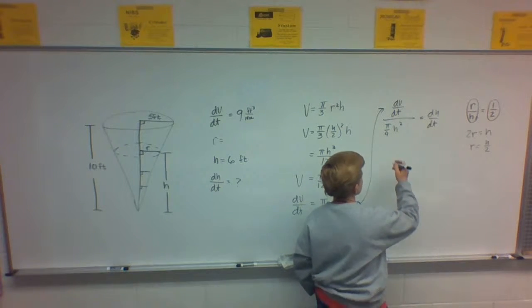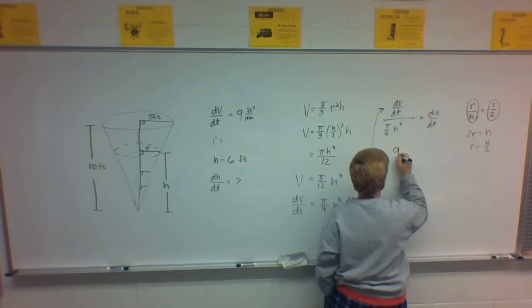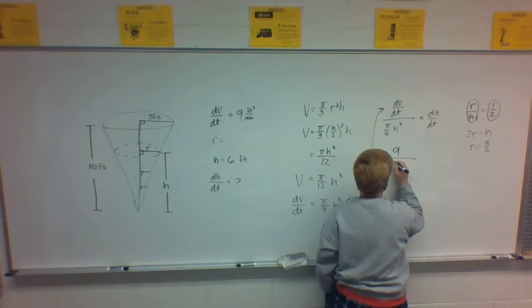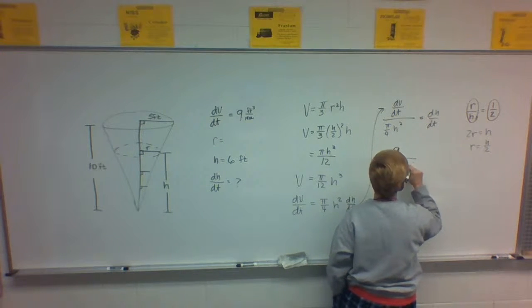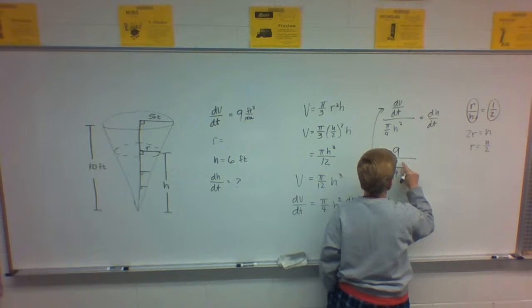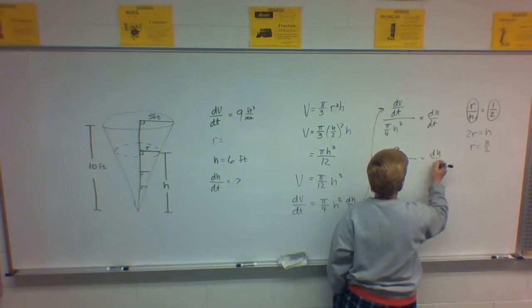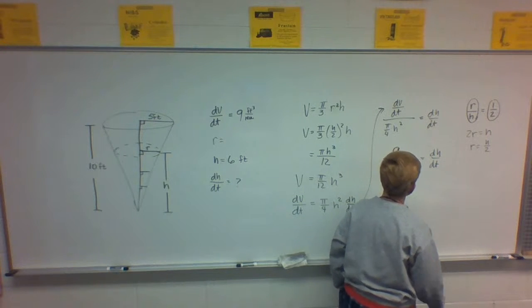You ready? It's going to be 9 over pi h squared over 4 equals, except for what's h? 6. Equals dh/dt. Because these numbers are so nice, I can continue working on that.